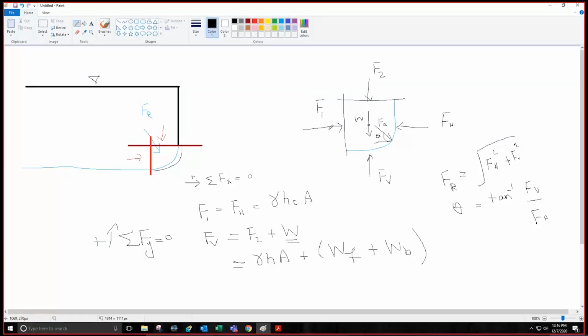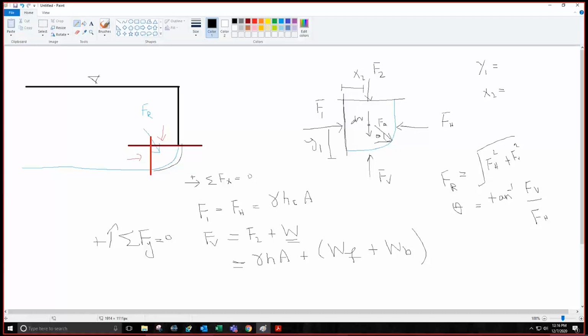Also the location of F1 and F2. Let's say the location of F1 is Y1 and the location of F2 is X2. So Y1 would be equal to, and X2 would be equal to what? जी, Y1 क्या होगा? This dimension, which is basically the radius of the semicircle divided by 2.